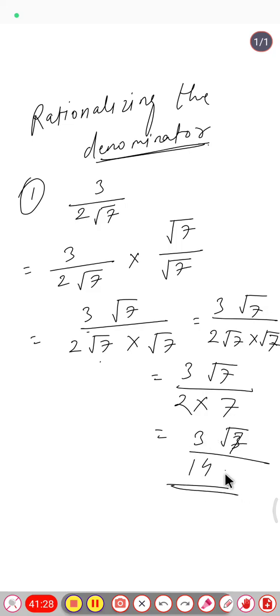You can see that in the denominator there is no irrational number, no surds. Only the numerator has it. In this way we rationalize the denominator.